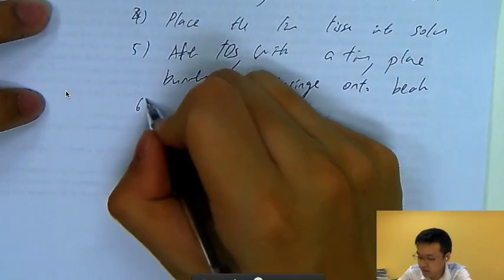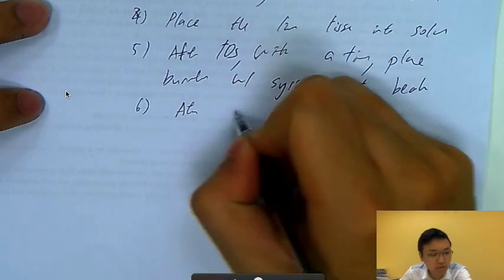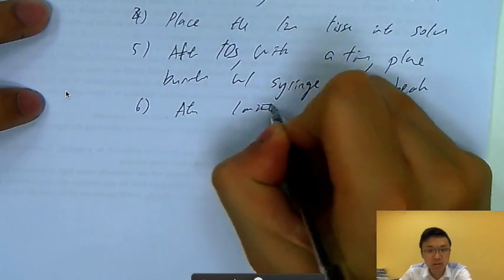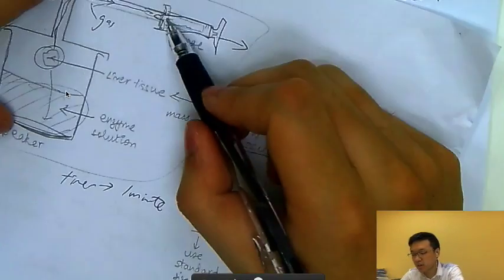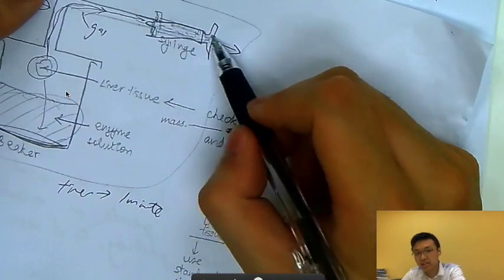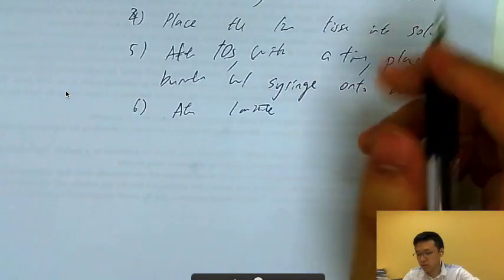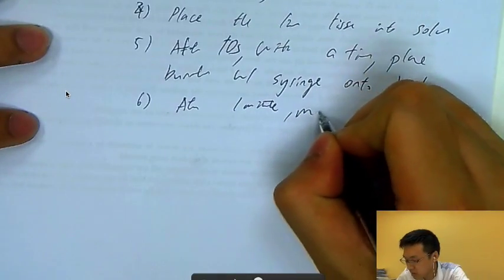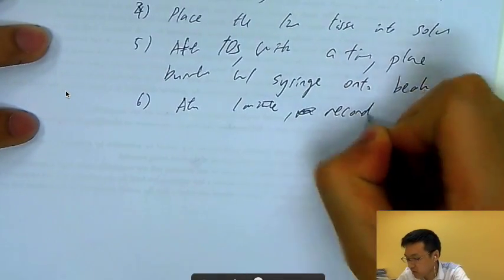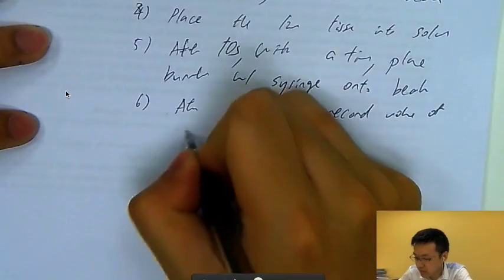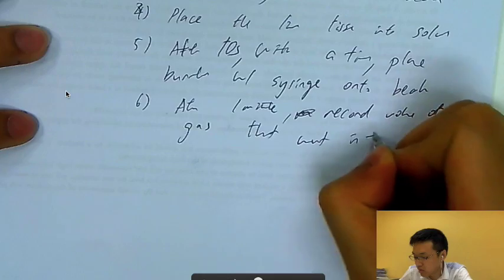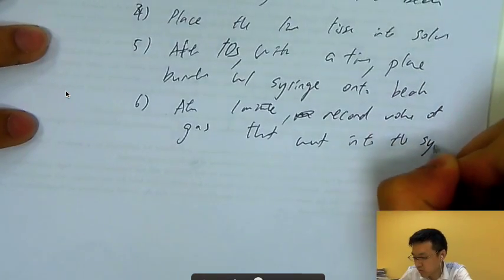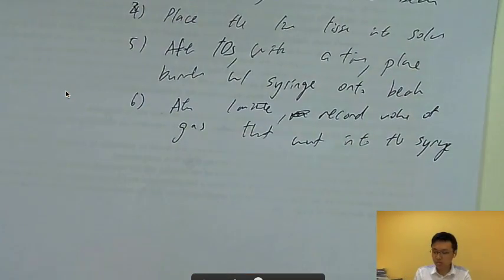And then you can just say after 1 minute you measure the change in volume. Measure how much gas is put into the burette, right? So I'll record the volume of gas that went into the syringe.